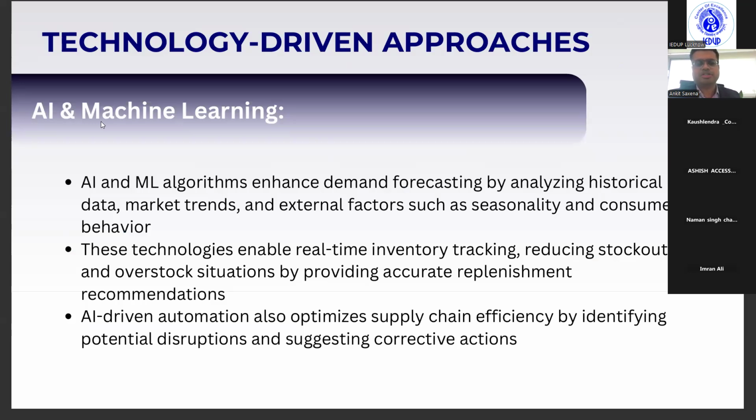Like I have already discussed these, that AI ML is now playing a large role in predicting the demand for our inventory requirements. Then AI ML also helps in enabling real-time inventory tracking, and then can provide recommendations also to accurately help in replenishment of the stocks which we have.